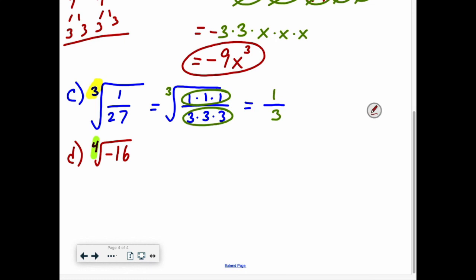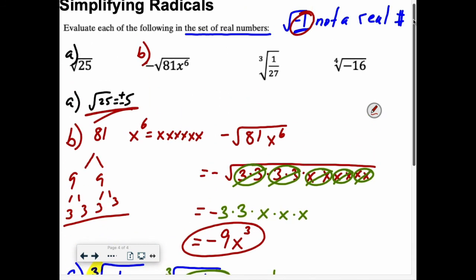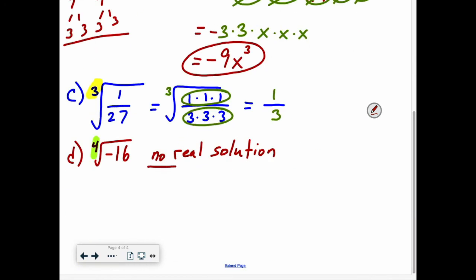Because of that, this has no real solutions. There is a solution, but it's not a real number. So we're not going to worry about it right now because we were just asked to find all of them in the set of real numbers. This one has no real solution. No real number makes it true, so we're done.